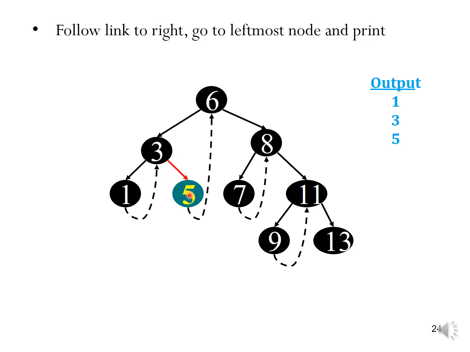There is no leftmost node, so this is the only node, that's why this 5 will be printed. So this is the output, 5. This is a very important point here: whenever we follow the right link, we have to reach the leftmost node, and after that we have to print.